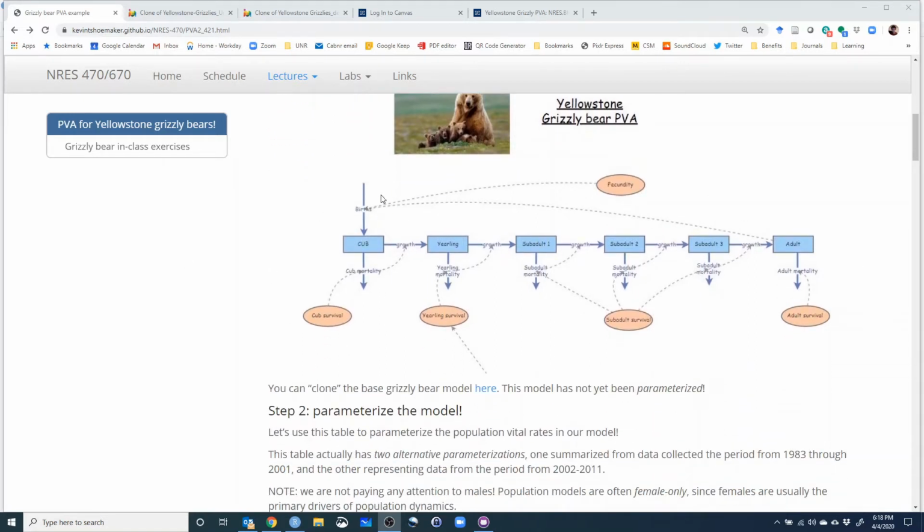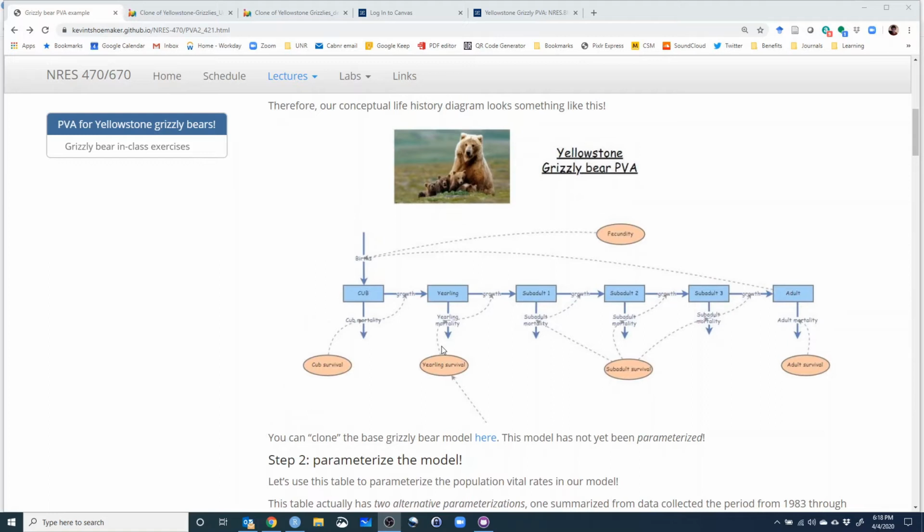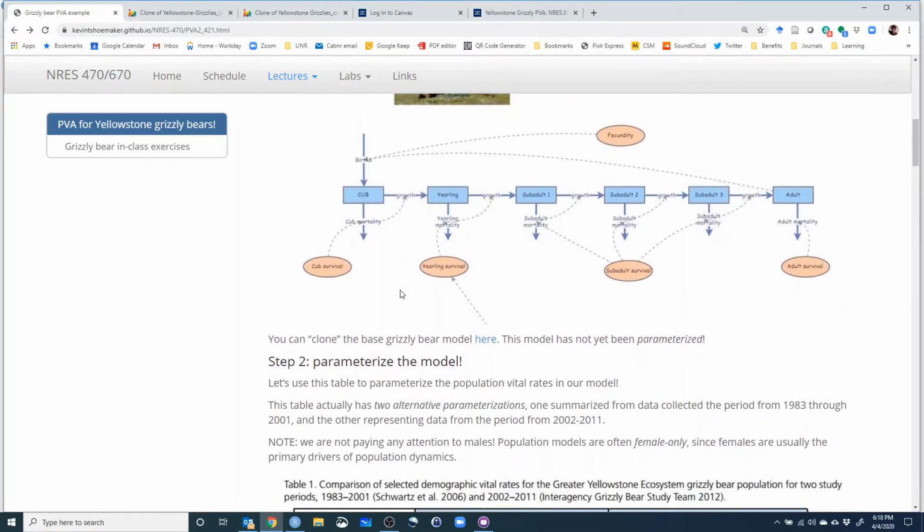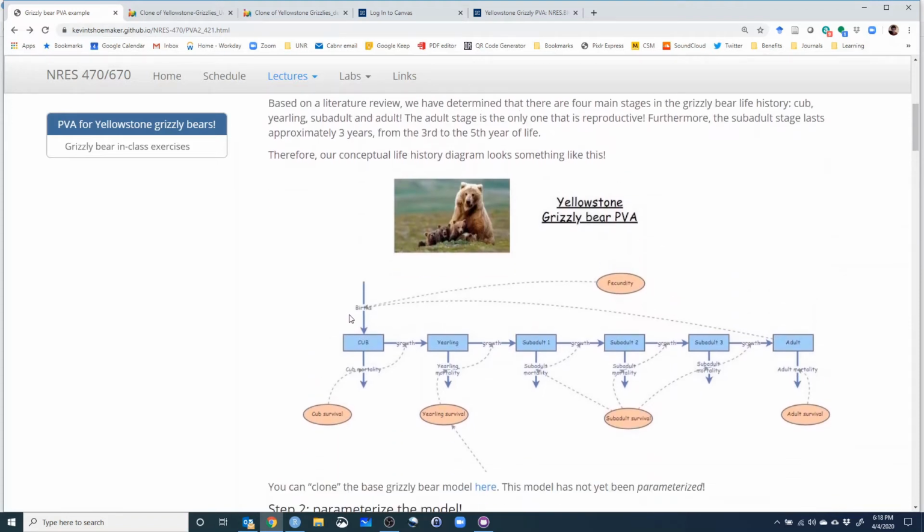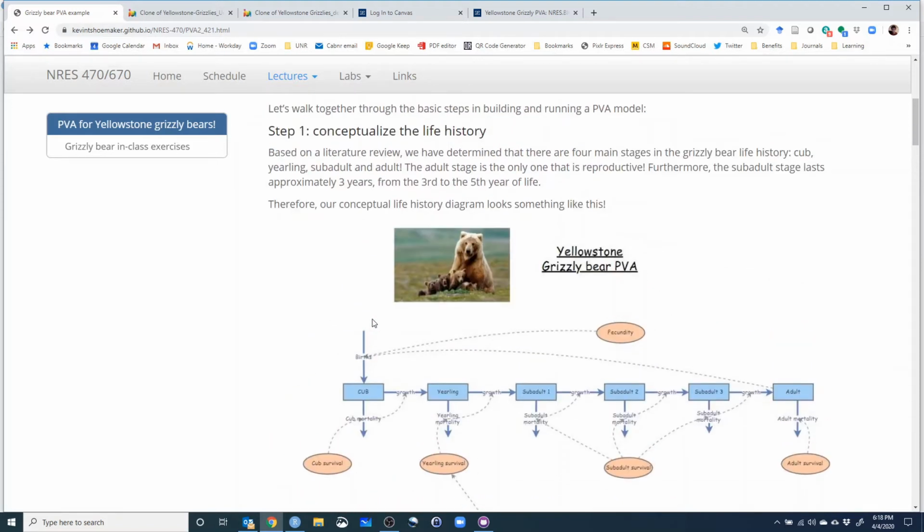Now this, as you probably already have worked with Insight Maker a little bit, you can tell is from Insight Maker. But the point is that we have decided, based on the literature, we've done a literature review, and we've figured out that there are 4 main stages in the grizzly bear's life history.